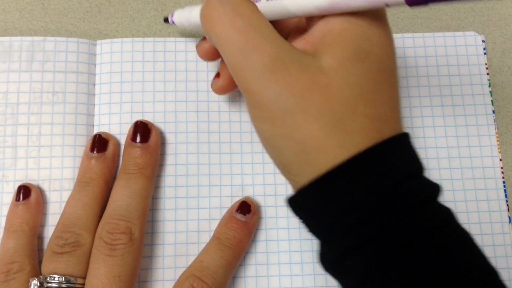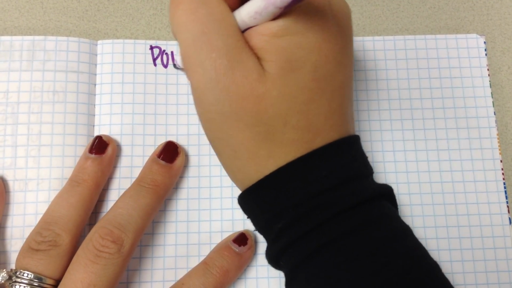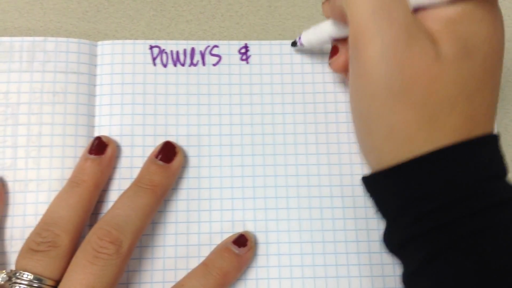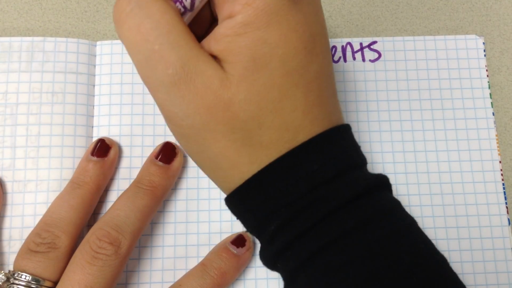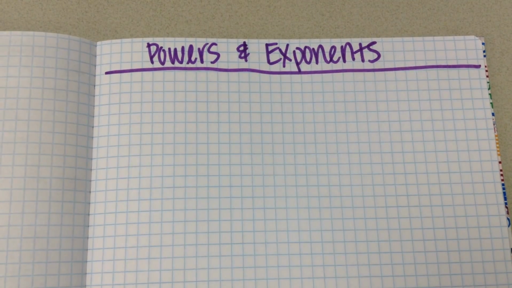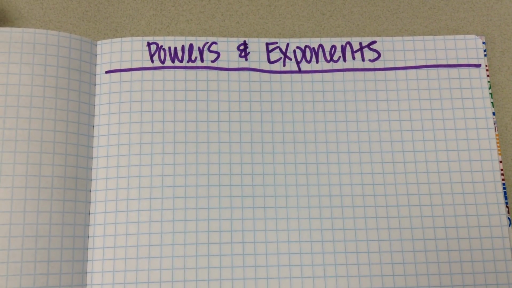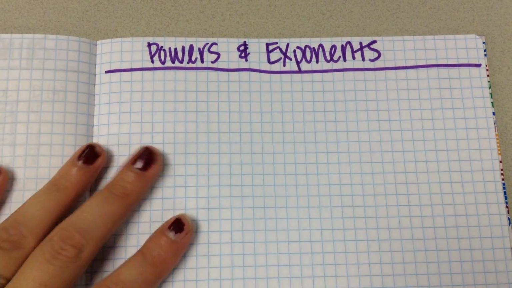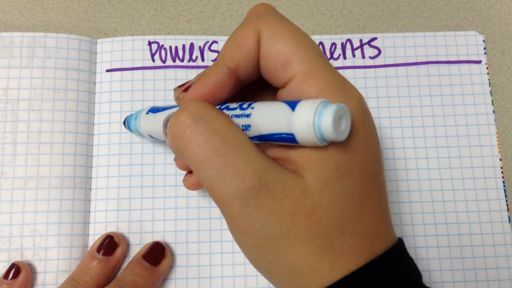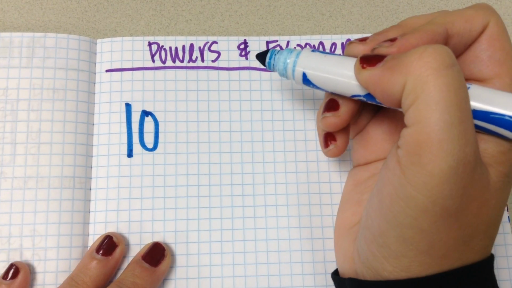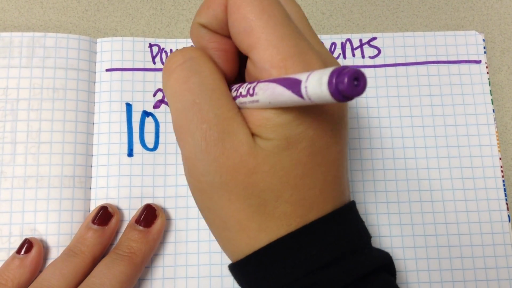And we're going to be talking about powers and exponents. Okay, so we're going to do an example, and we have 10 to the second power.